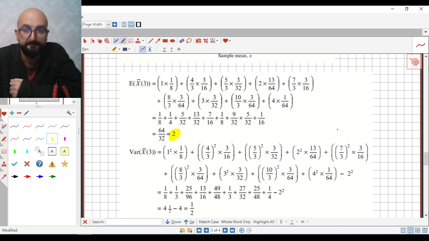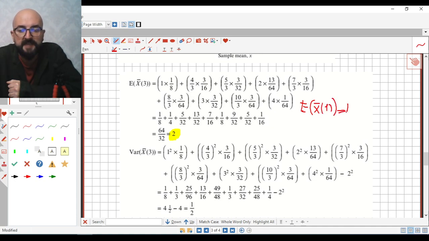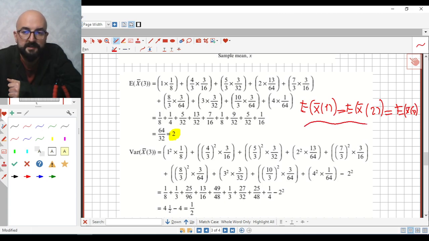Please notice that the expectations of the sample means of size 1, size 2 and size 3 are all the same.